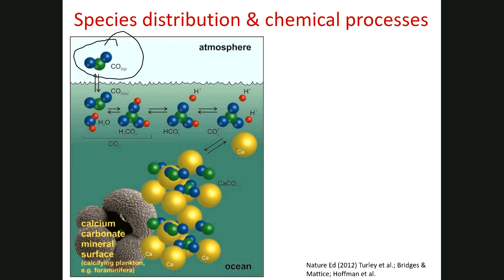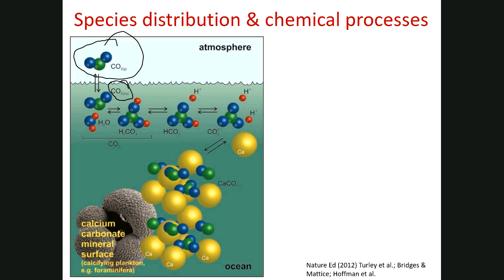There is an exchange between the CO2 gas in the atmosphere and the CO2 present in a water body, let's say an ocean. Here we've got this same CO2 molecule in what we call an aqueous form. It's hydrated, surrounded by molecules of water.